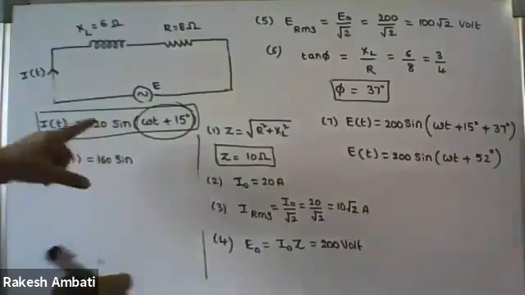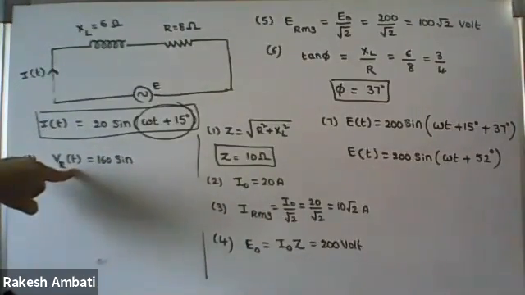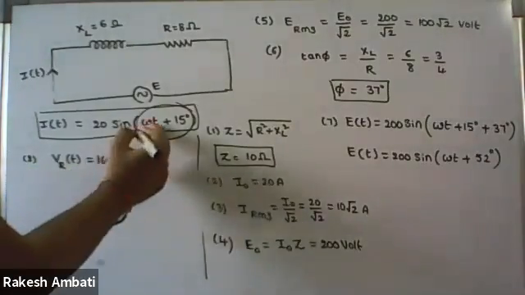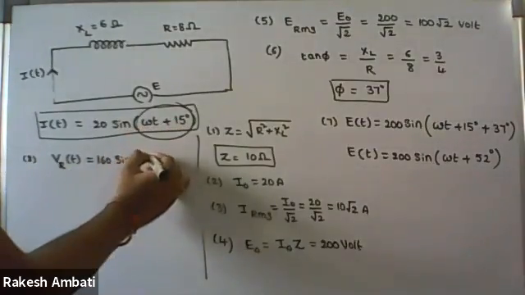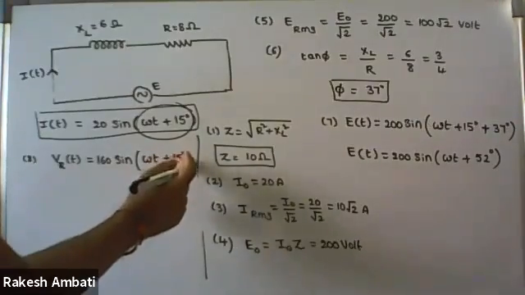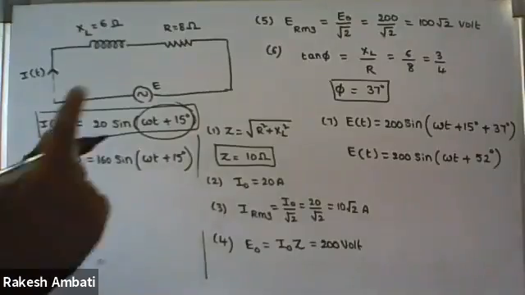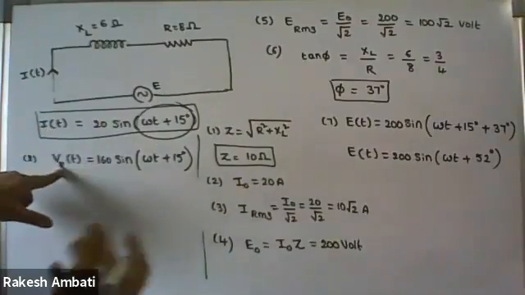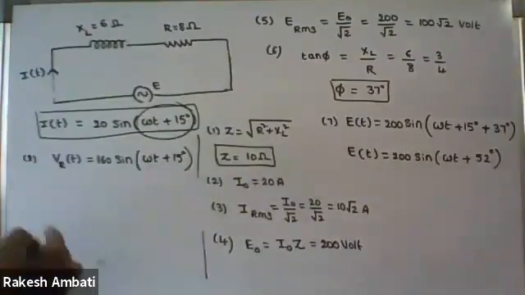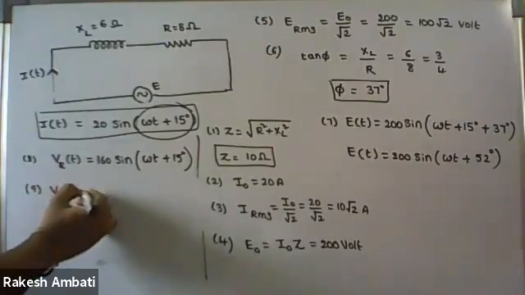According to the phasor diagram, current and VR are in the same phase, so omega t plus 15 degrees. Zero phase difference.